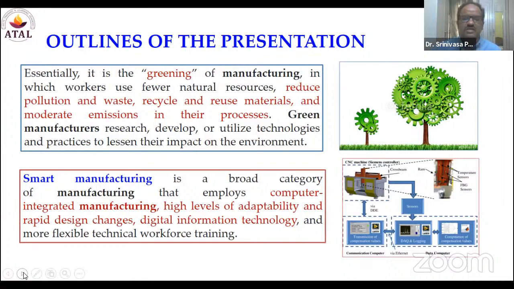Now, if any manufacturing process emits less amount of emissions out of its regular activities, it comes under green manufacturing. If any production process which involves assembly as an integral part of the activity, that comes under manufacturing.